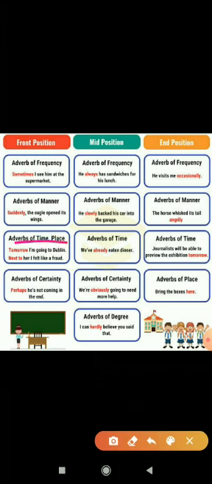Next is the example of adverbs of time and place. Tomorrow I'm going to Dublin. Tomorrow shows us time. When am I going to Dublin? I'm going to Dublin tomorrow. And next to is an adverb of place. Next to her, I felt like a fraud.